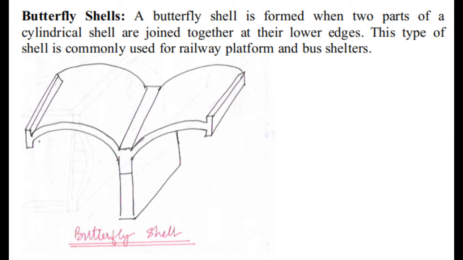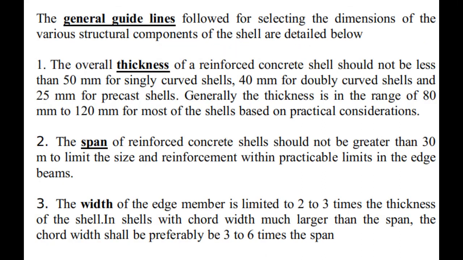Now let us have a look at the general guidelines which we have to follow for selecting the dimensions of the various structural components of the shell. Number 1, remember, overall thickness of an RC shell should not be less than 50 mm for single curve shell, 40 mm for double curve shell and 25 mm for precast shells.